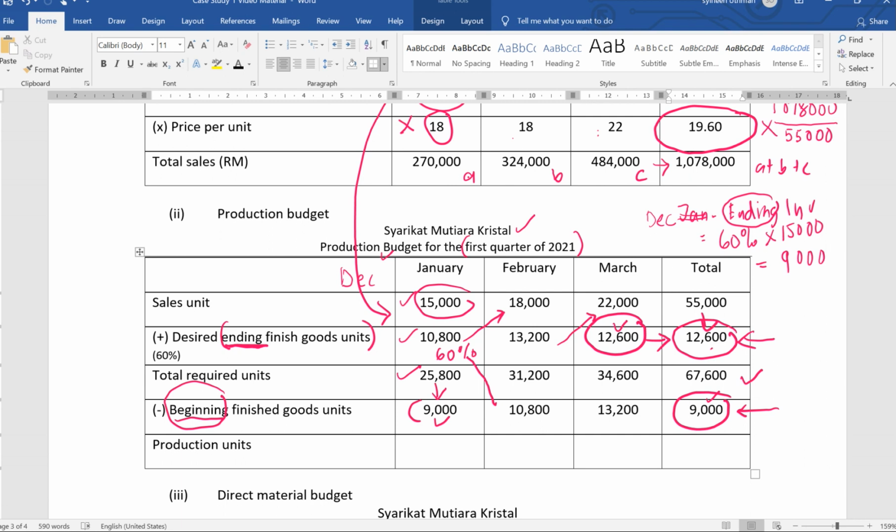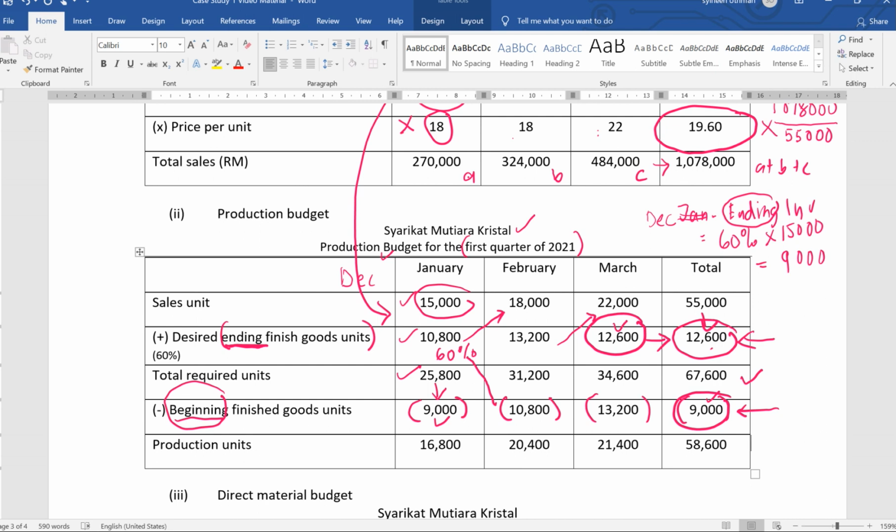Okay. So, kita dah ada total required units. Kita akan minus dengan 9,000 ni. Okay. So, all this will be minus from the total required unit. So, kita akan dapat the production unit. So, your production unit ialah 25,800. Okay.